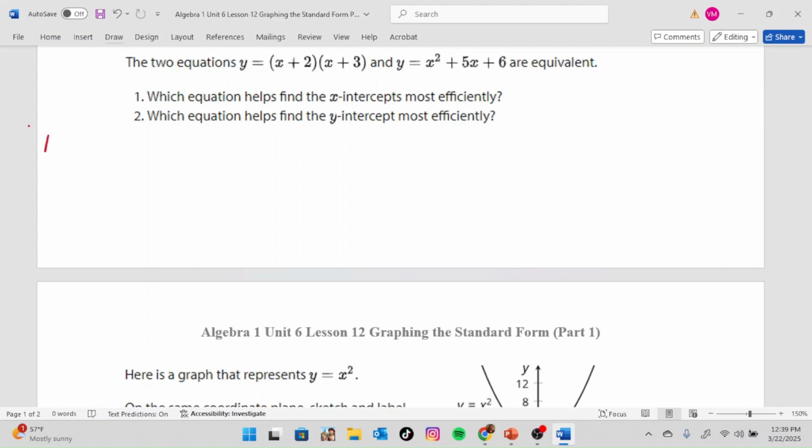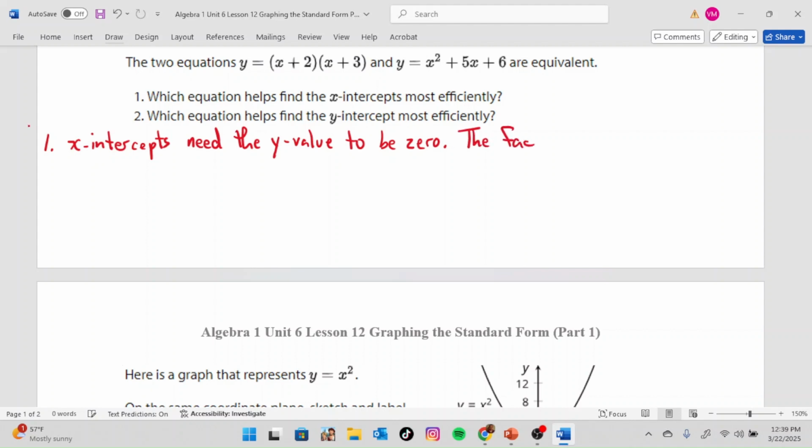So for number 1, what you need to know is that x-intercepts need the y value to be 0. Because I want the y value to be 0, I would use the factored form.